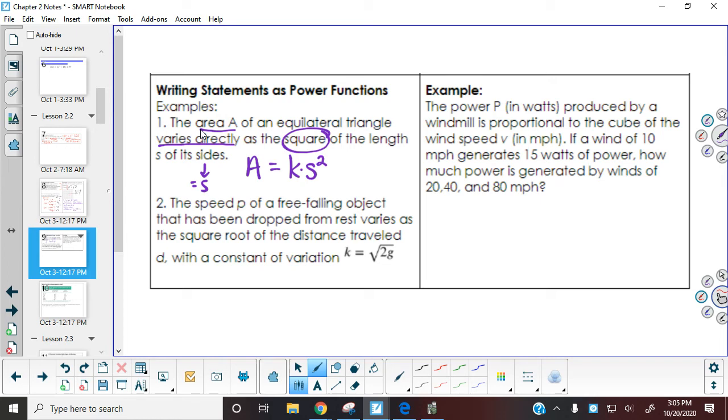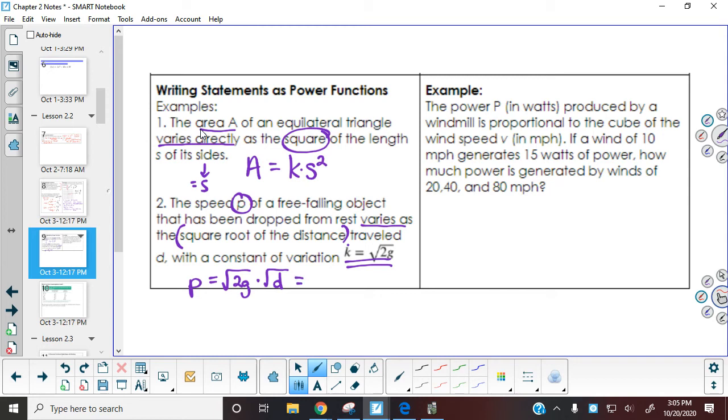Okay. For number 2, the speed p of a free-falling object that has been dropped from rest. So the speed p varies as the square root of the distance. Okay, so if you notice, you have p equals, and then you have this constant of variation given to you. So instead of k, we're going to have the square root of 2g, so that's my constant of variation, times the square root of the distance.